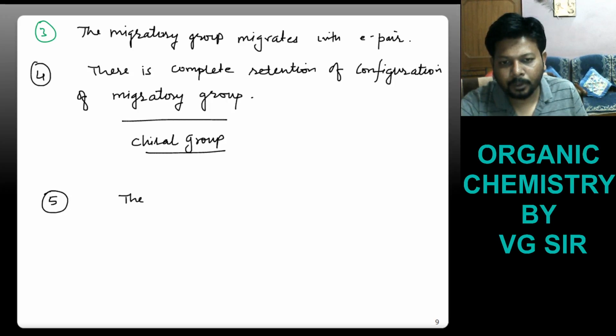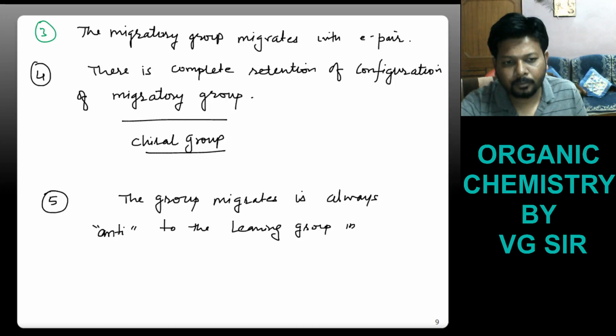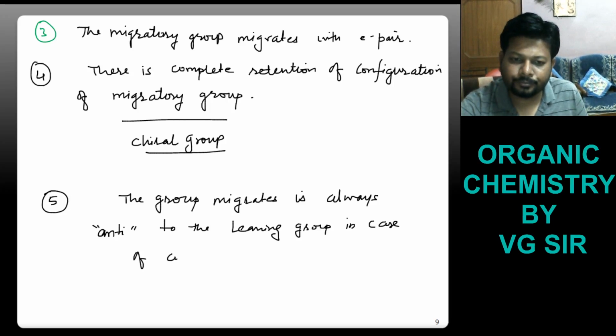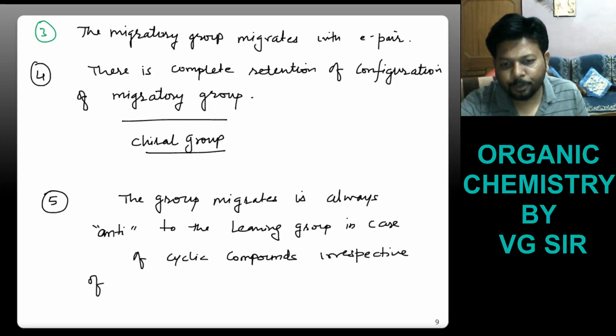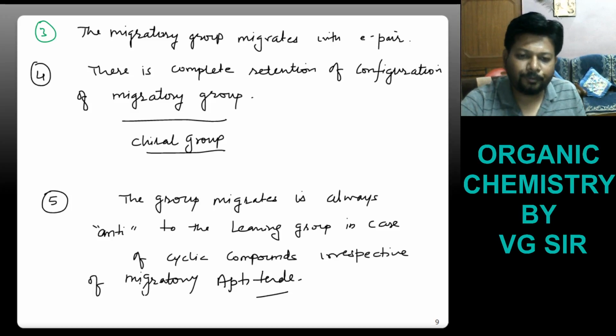Fifth, the group that migrates is always anti to the leaving group in case of cyclic compounds, irrespective of migratory aptitude.